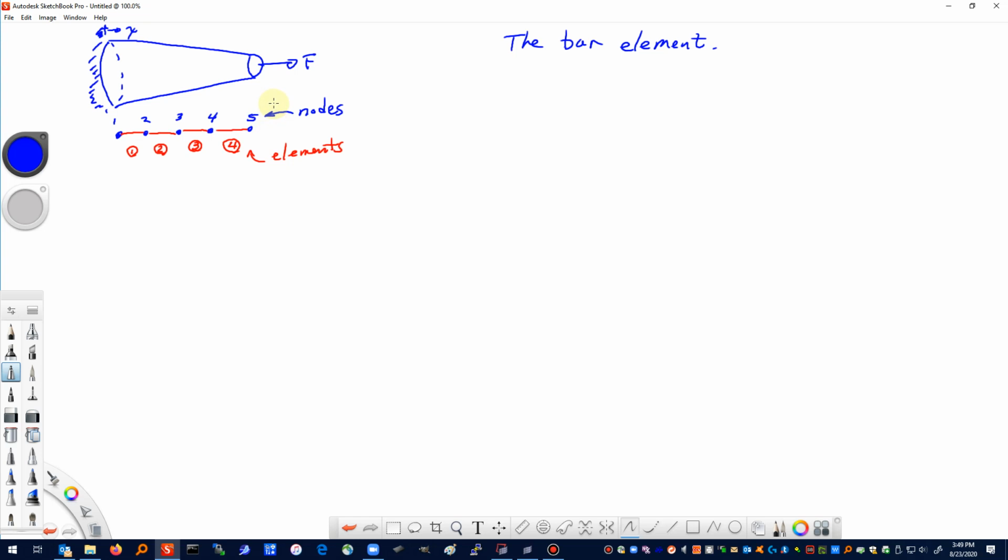Now in finite elements, we do talk a lot about a global numbering system and a local numbering system. Okay, so this is the overall structure. These would be in the global numbering system.